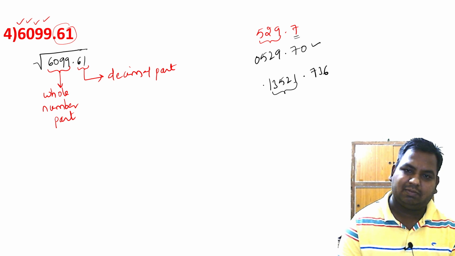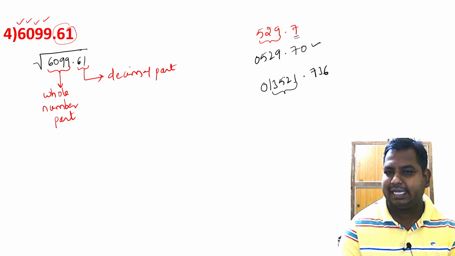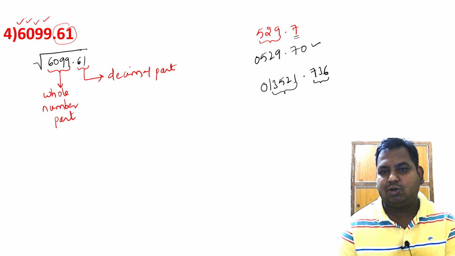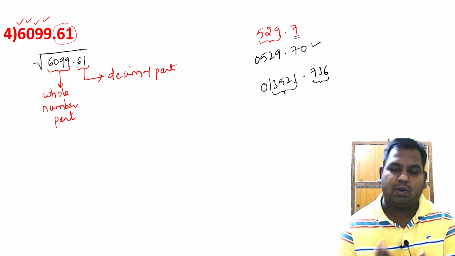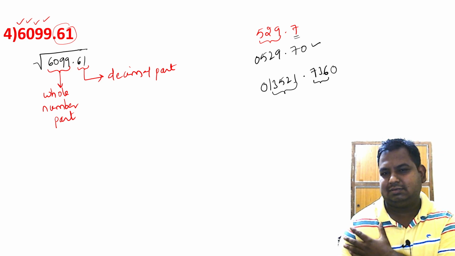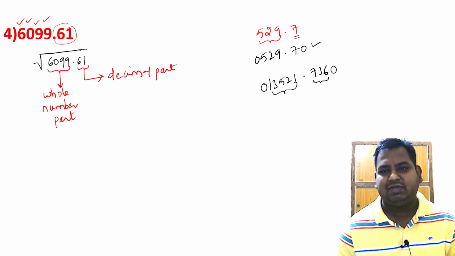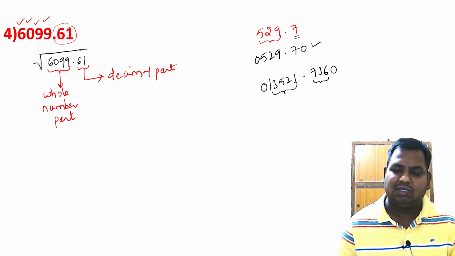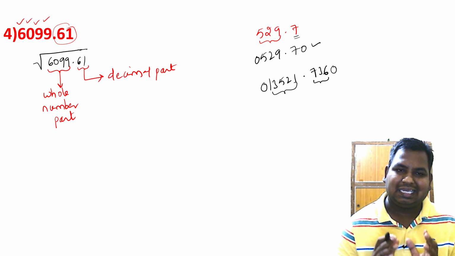By adding 0 at the beginning. Next, in the decimal part, I have only 3 digits. I want to have even number of digits. How can I convert? By adding 0 at the end. Okay, so you should have even number of digits in the decimal part, even number of digits in the whole number part. That care you should take.